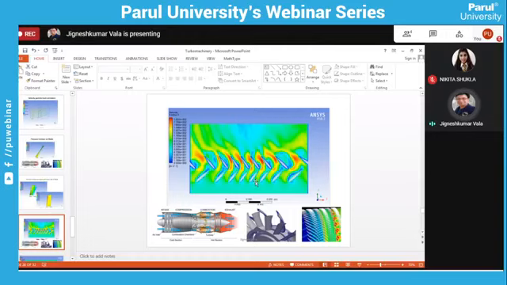What happened in between the two blades? They increased and reduced the distance between two blades, and they found that if we increase or reduce the distance between the two blades of the rotor, the velocity forms with a maximum value.